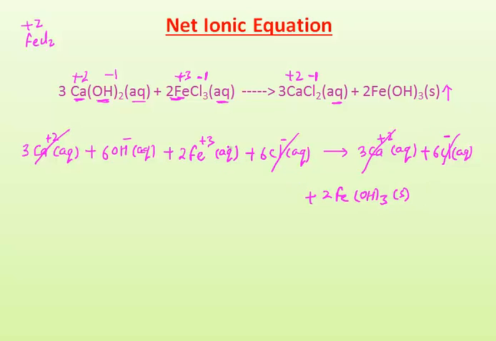Now we write down the remaining species in this equation. Here we have 2 ferric ions and 6 hydroxide ions, and on the right side we have 2 moles of ferric hydroxide, that is a precipitate.